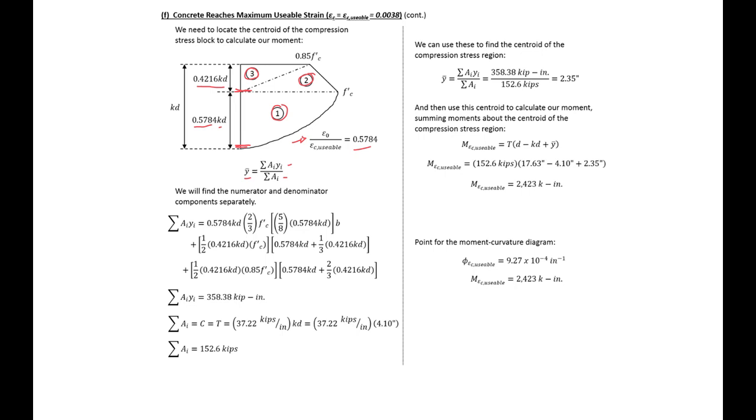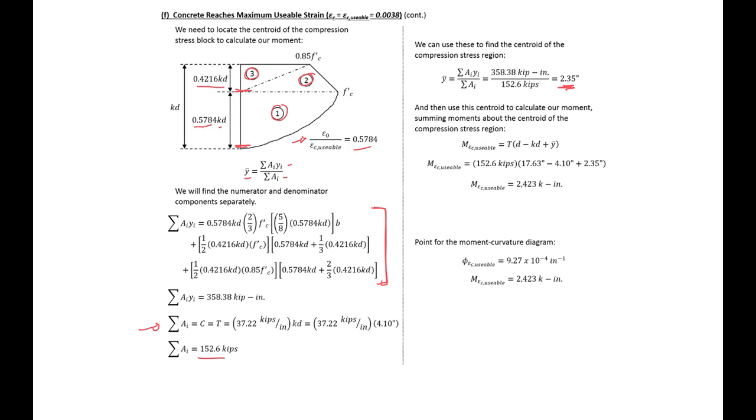So then looking at all the different components, we can plug in our A times y for all of our components, and also the summation of all the areas as well to find that value. And to find y bar, we'll just take the summation of A times y divided by the summation of A to get a y value here of 2.35 inches.